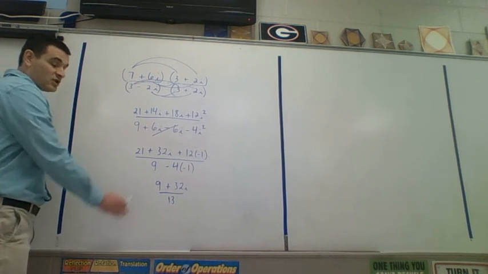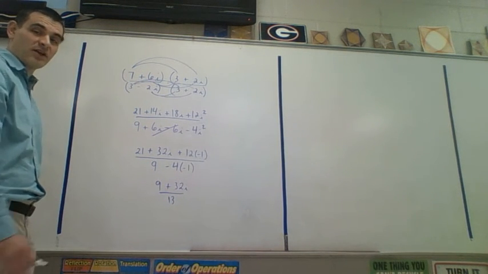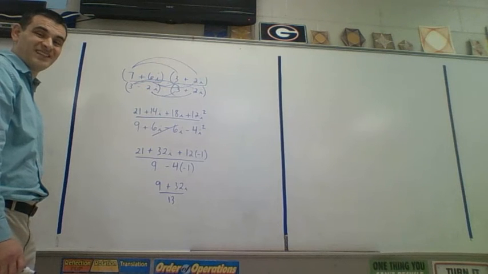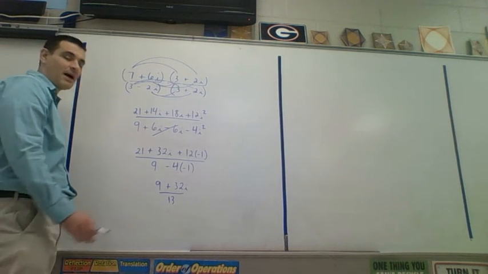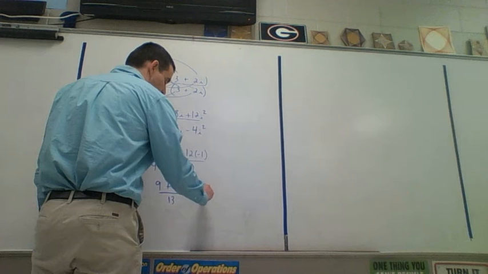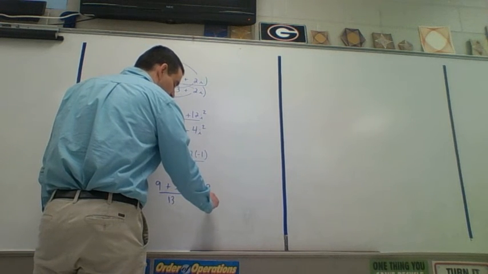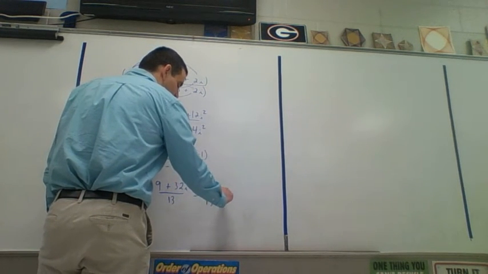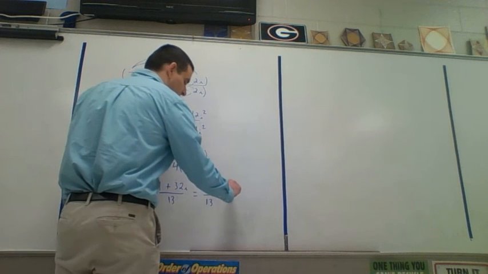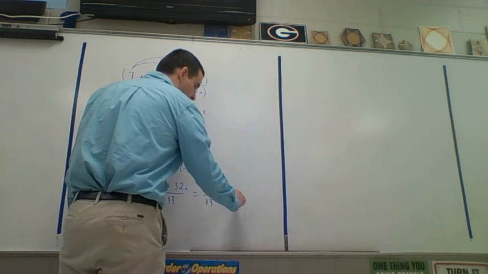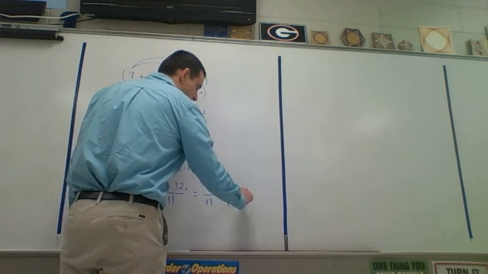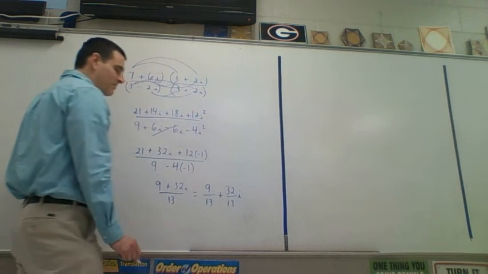Sometimes you will see the answer left this way, but there's a tendency with complex numbers to fully separate the real part and complex part into separate terms. So I'm going to do that here, 9/13 plus 32/13 i. So I did a couple things there. I separated into two fractions.